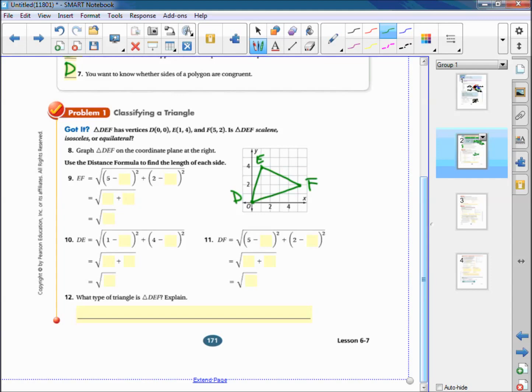Isosceles, scalene, or equilateral? All right, so we need to find the length of EF. So the distance formula is the difference between the two x's plus the difference between the two y's, both of those squared, and then you do the square root. So the distance between the two x's for EF are 5 minus 1 and 2 minus 4.